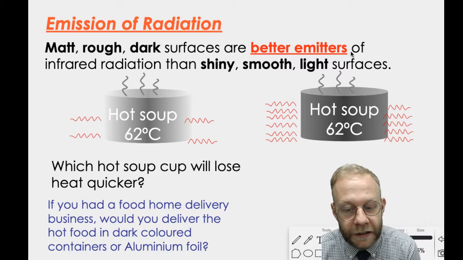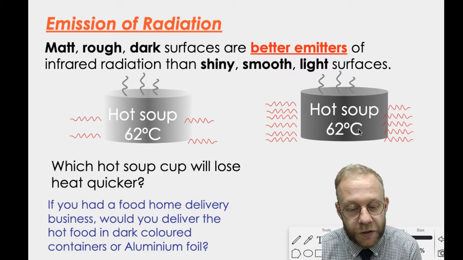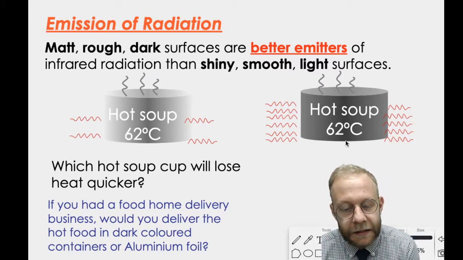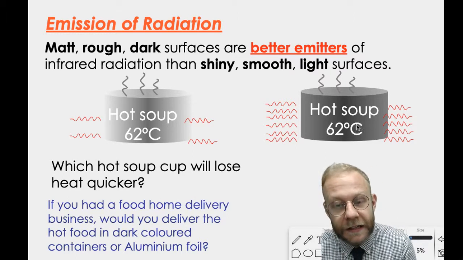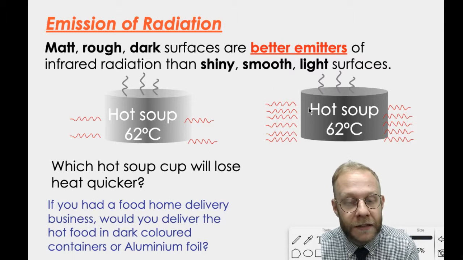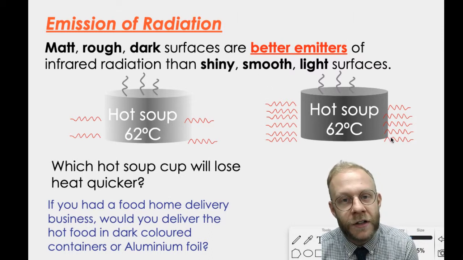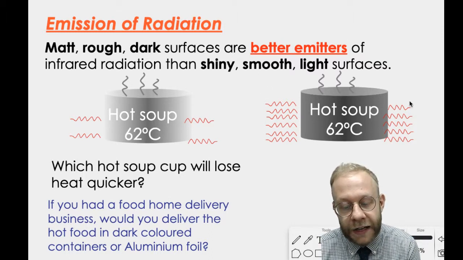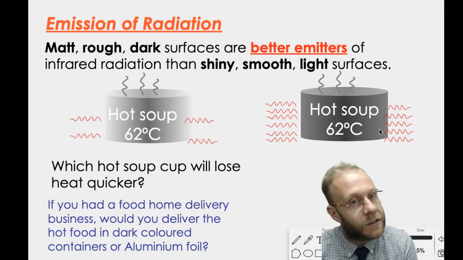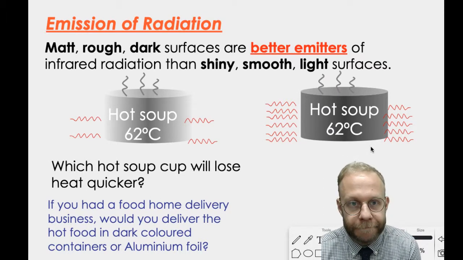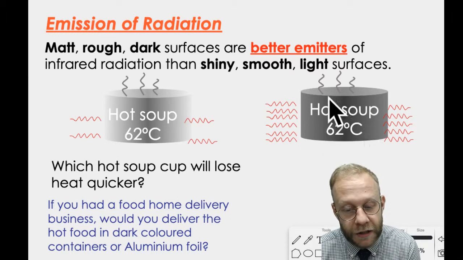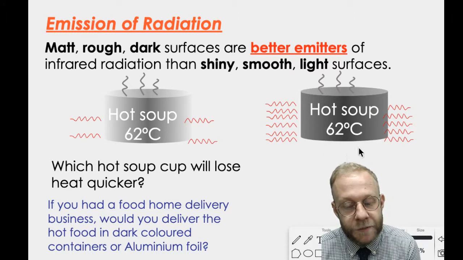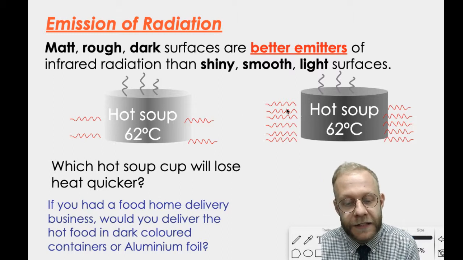Hopefully you said the black canned soup, so the soup on the right, this one here, that will lose its heat the fastest because it will emit the most infrared radiation, which is then going to transfer that heat energy to another object somewhere else when it gets absorbed again. The hot soup on the right, its temperature will go down the fastest because it's able to emit more infrared radiation.